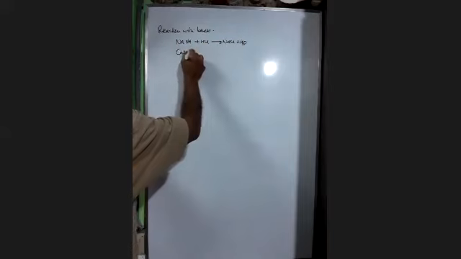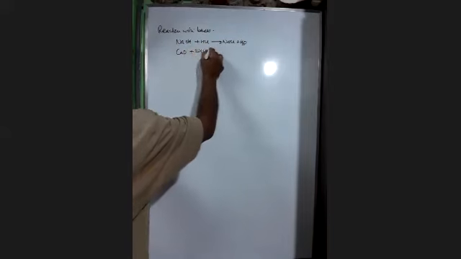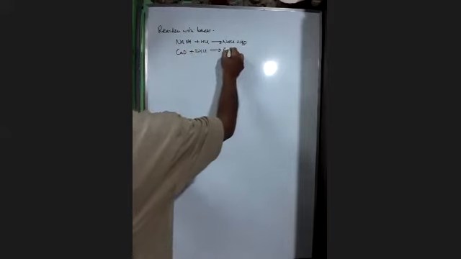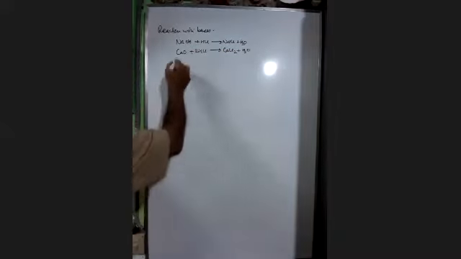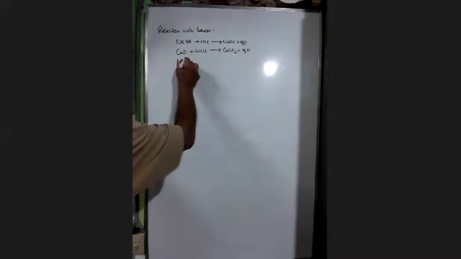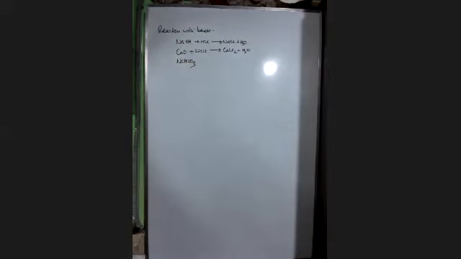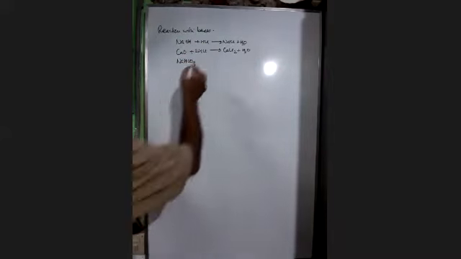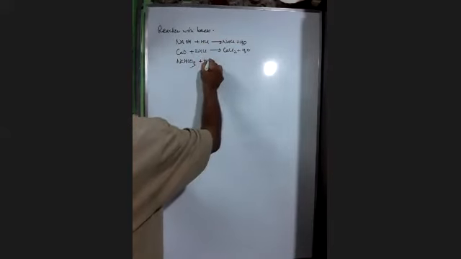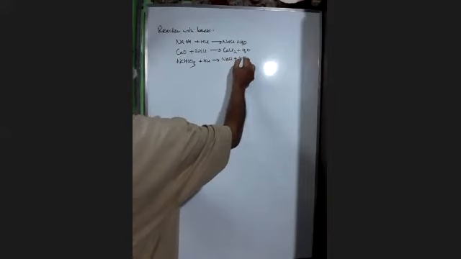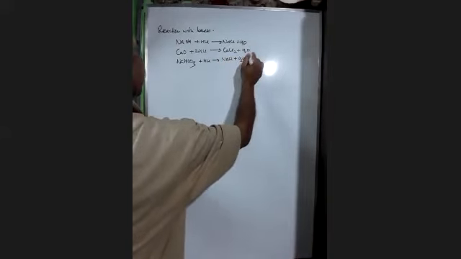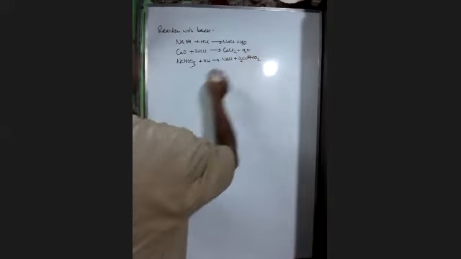Suppose you have taken calcium oxide, 2HCl, it will give you calcium chloride, water, salt and water. If you have taken sodium carbonate, bicarbonate, it will react with HCl to liberate what? Sodium chloride, H2O, and carbon dioxide.